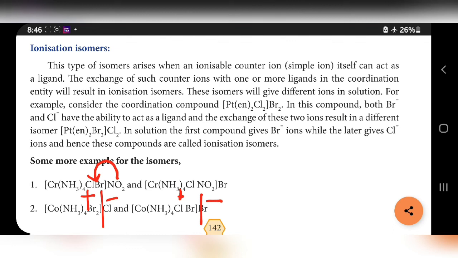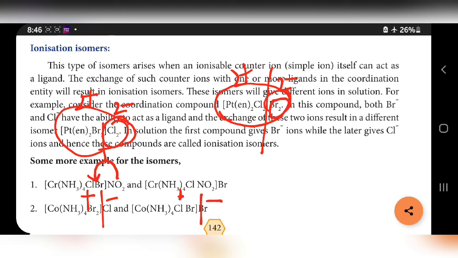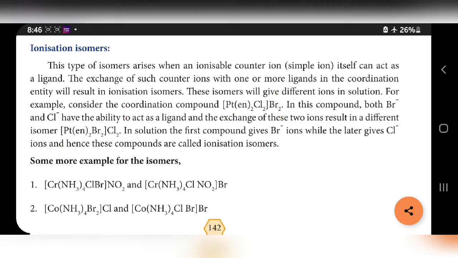For example, consider the coordination compounds [Pt(en)2Cl2]Br2 and [Pt(en)2Br2]Cl2. Each has a 2 positive charge and 2 negative charge, but one has 2 Br minus and the other has 2 Cl minus, so they produce different ions in solution.